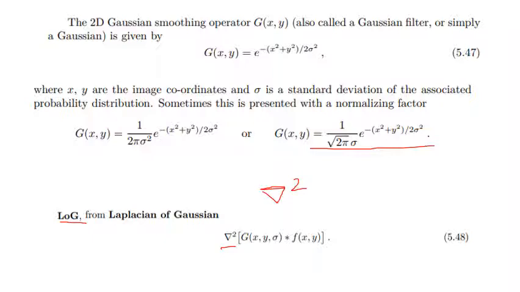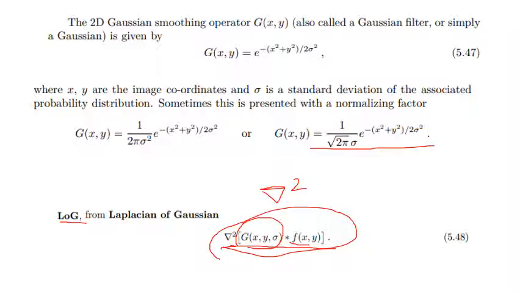Please remember, this is very important: LoG stands for Laplacian of Gaussian. First we find the Gaussian and then we apply the Laplacian operator. So the Gaussian and the Laplacian.